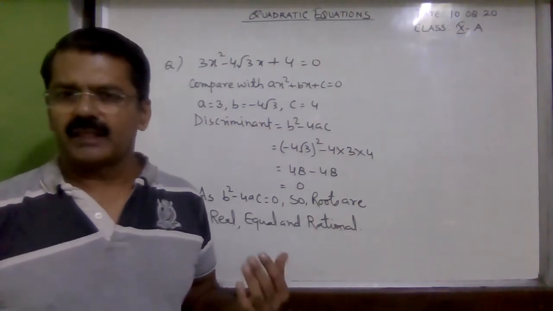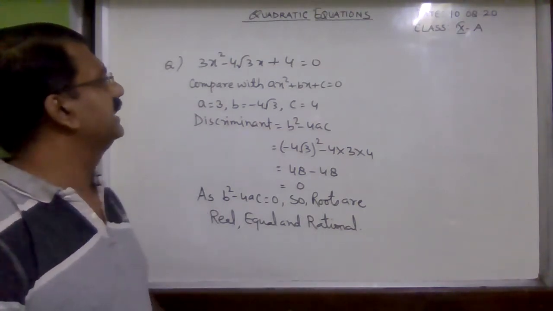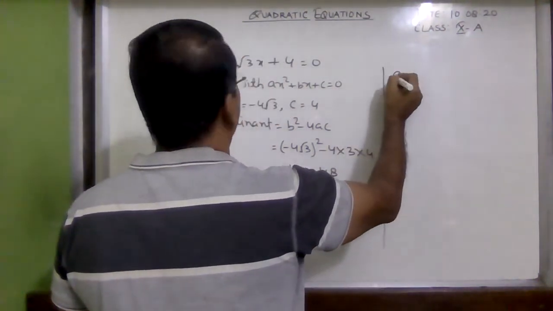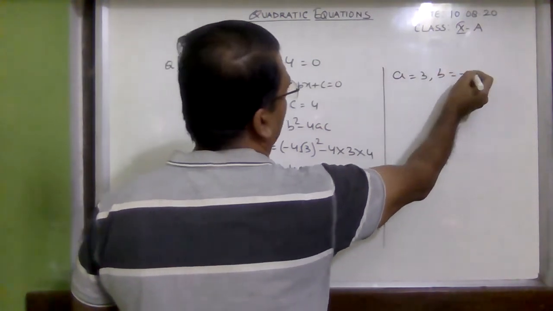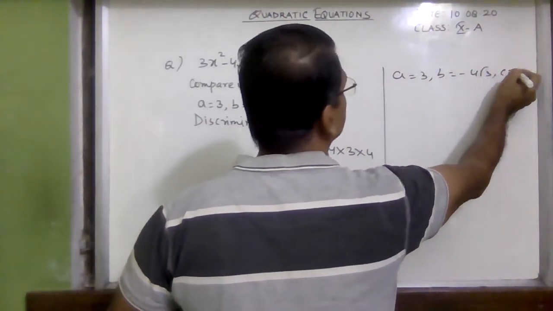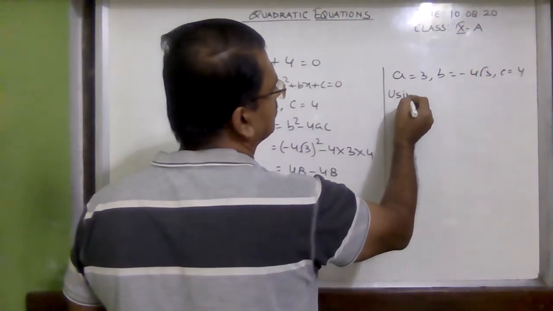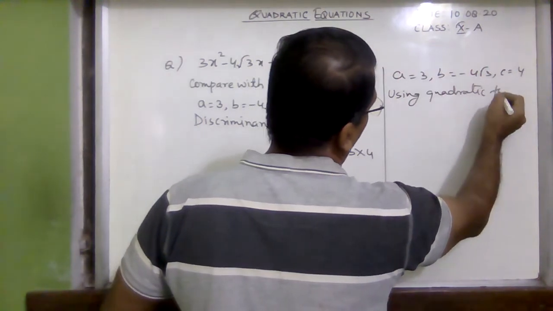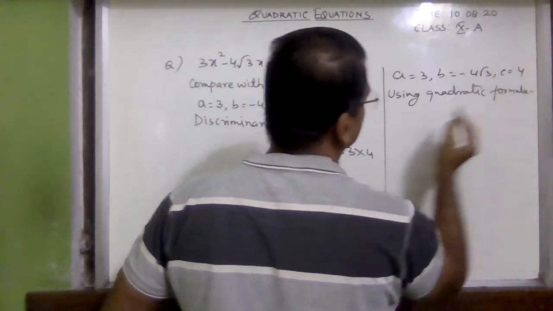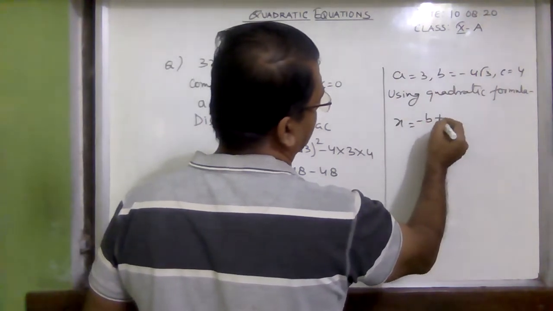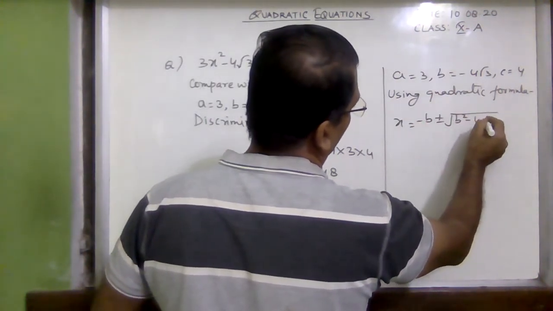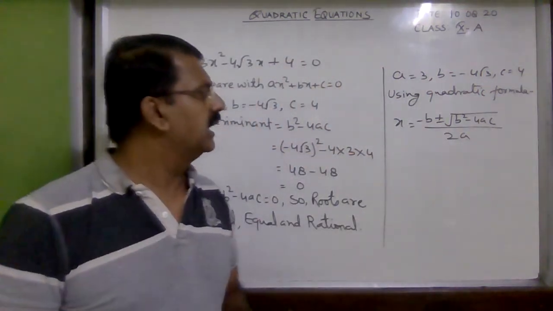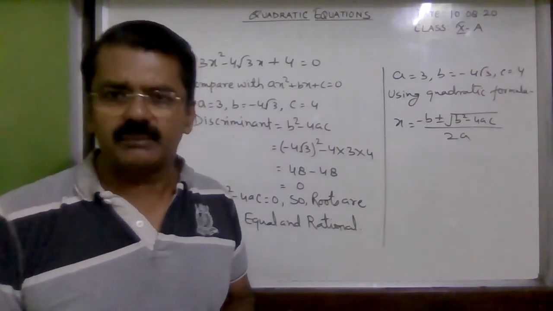Now we'll check this answer by solving the quadratic equation here. So what we do, you see a is 3, b is −4√3 and c is 4. So using the quadratic formula, x = (−b ± √(b² − 4ac)) / 2a.